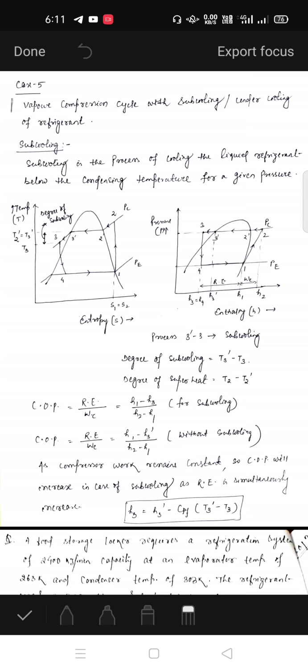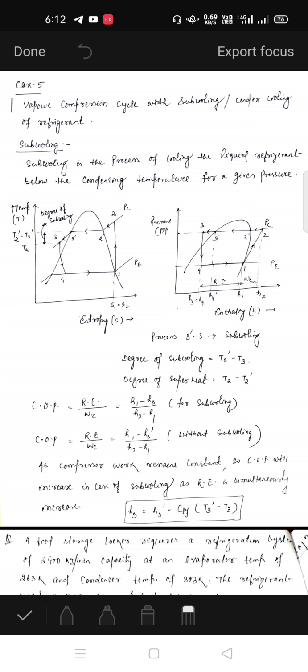So 2 to 2 dash, then 2 dash to 3, then you have to subcool the liquid refrigerant below the condenser temperature, means you have to go further backward, that will be 3 dash to 3. Now students, this 3 dash to 3, this change in temperature, is your degree of subcooling, and here 2 to 2 dash, the change in temperature is your degree of superheat.